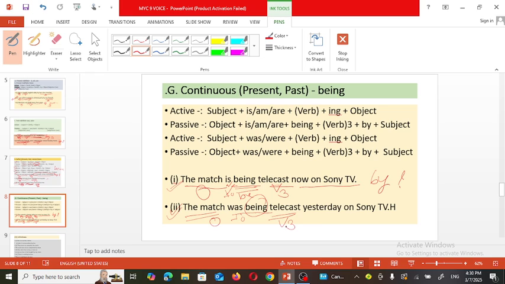Telecast is the third form. Yesterday, on Sony TV. So the object comes first, then the helping verb, then to remove the verb plus ing we have used being here, and then the third form of the verb. So the sentence is in the passive voice and the tense of the sentence is past continuous. This was present continuous.